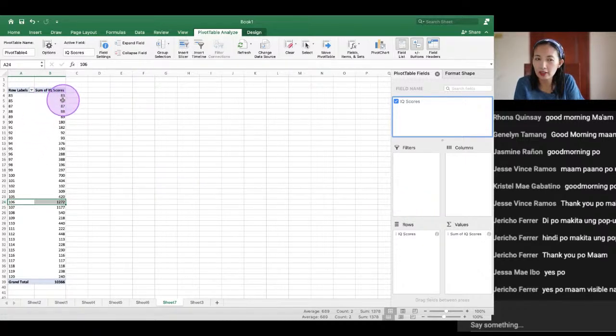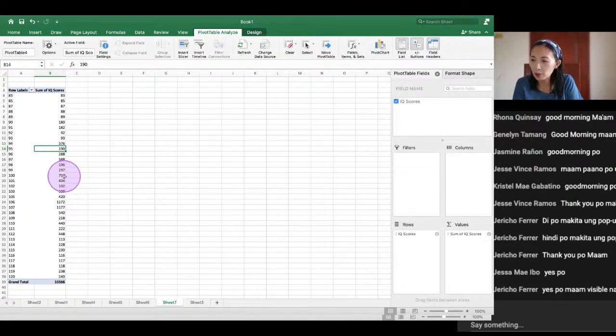So look at this: 83, 85, 180, 182, 288. 288 means there are 3 students who scored 96, because 96 times 3 is 288. 190 means there are 2 students who got 95. But we're not interested in the sum of scores. We want frequency, the count of scores.